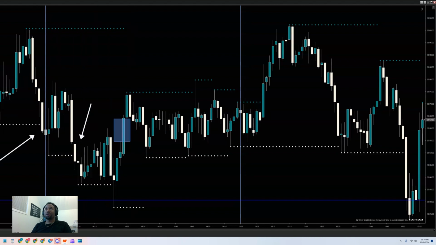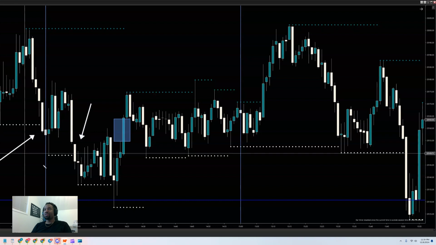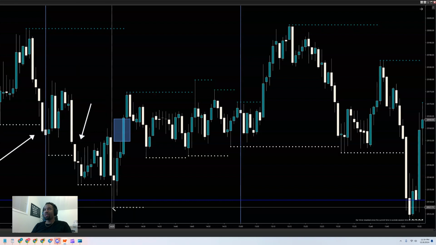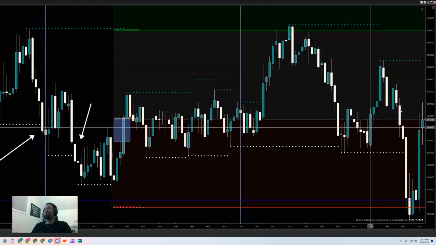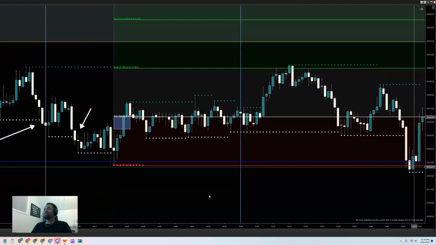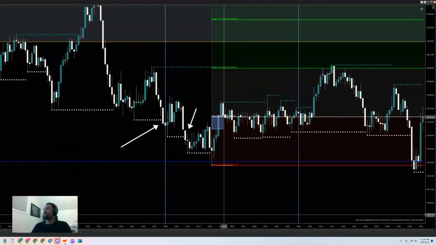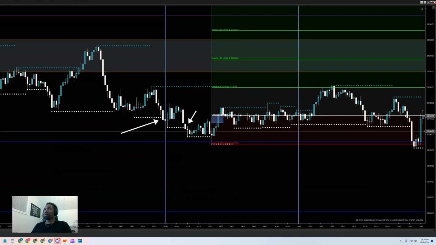Price did in fact come back and tap into it. The low was right here. Your entry would have been right here. You would have been looking for a 2 to 1 or the previous session's opposite liquidity, which was way up there.